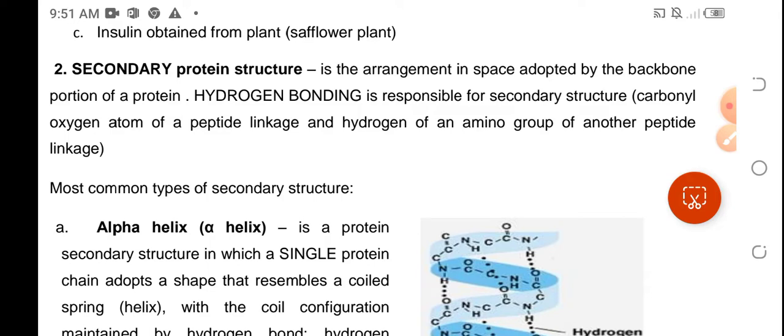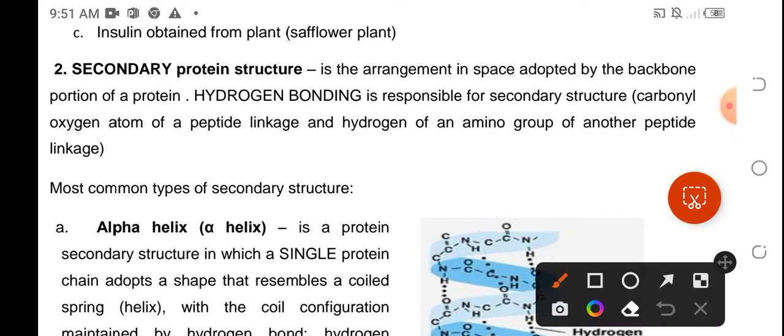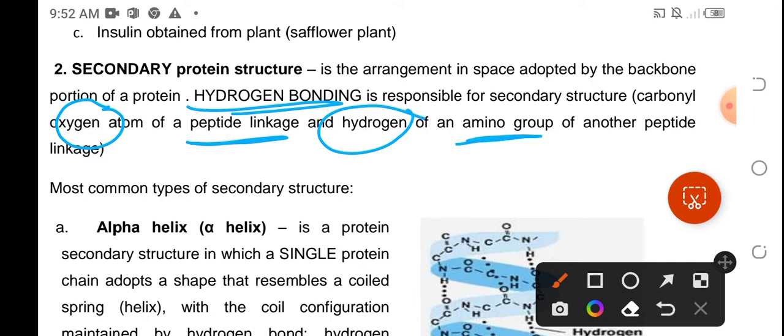The folding of the proteins is due to the hydrogen bonding between the oxygen atom of the peptide linkage and the hydrogen atom of the amino group in other peptide linkages.